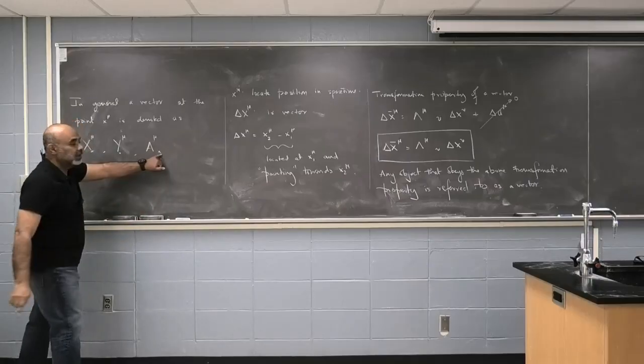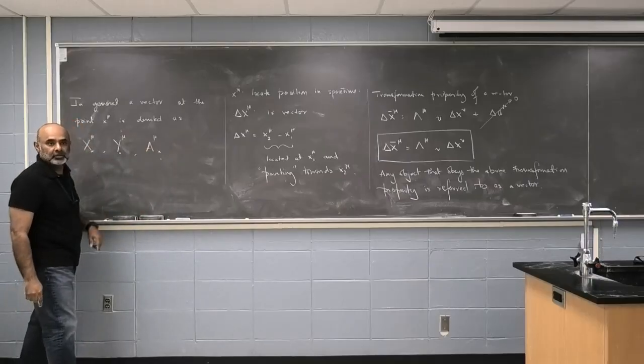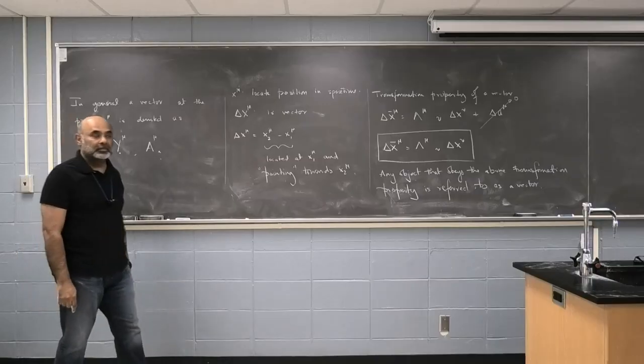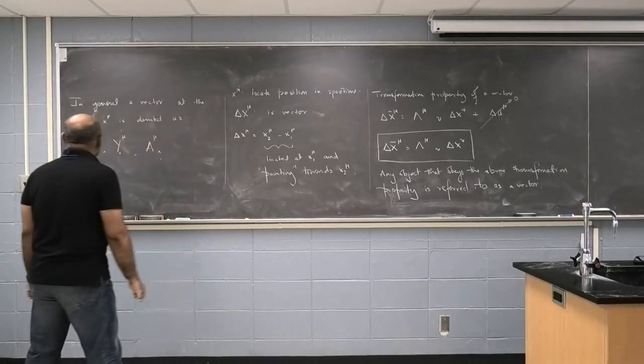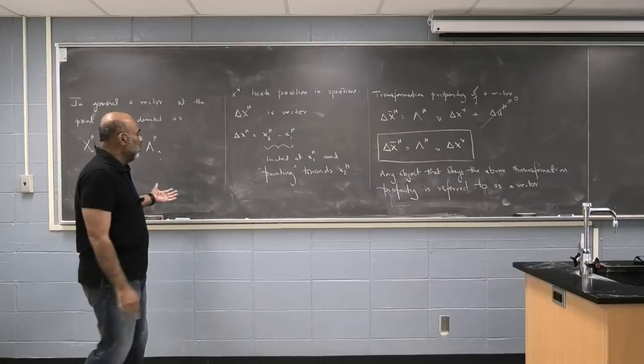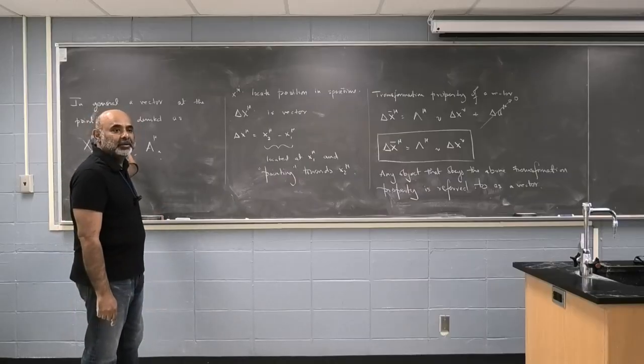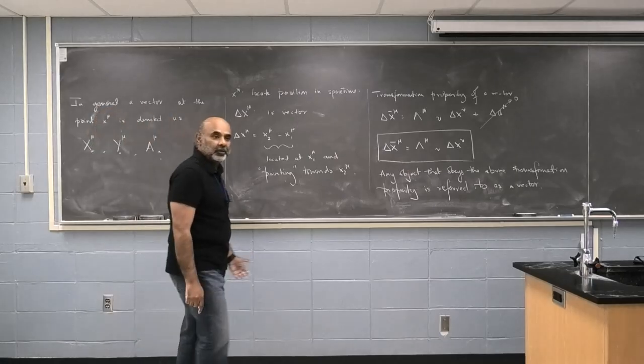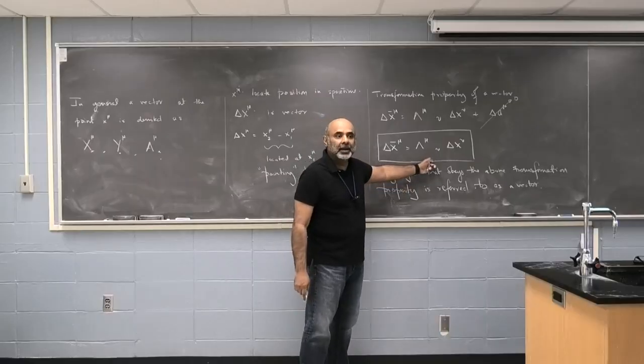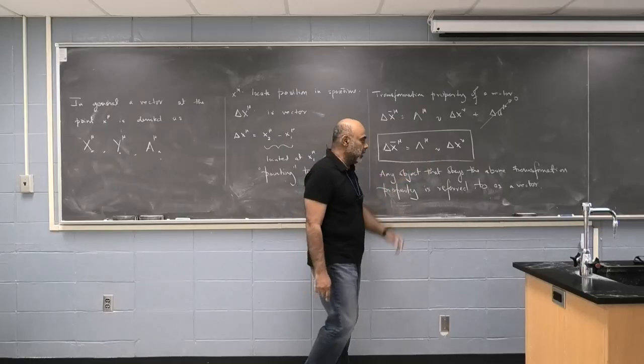It's at the location x, these are the components. But why would they be a vector? Because under a generalized space-time translation and Lorentz transformation, how do they transform? Only by this guy. It is just blind to space-time translation.